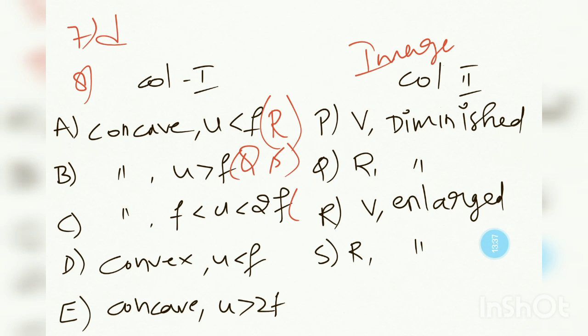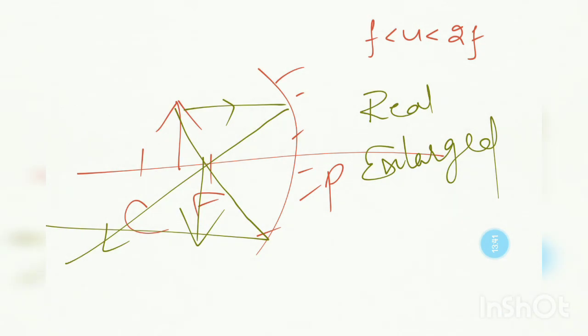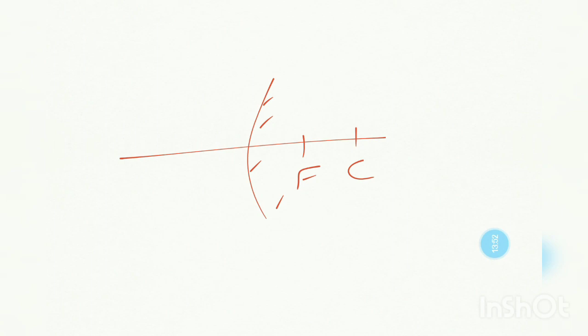Right, next we have a different case. Clear the page. Yes, so we have convex conditions now. So here we have the focus, center of curvature, and pole. Now here the condition is that the object distance is less than the focal length.